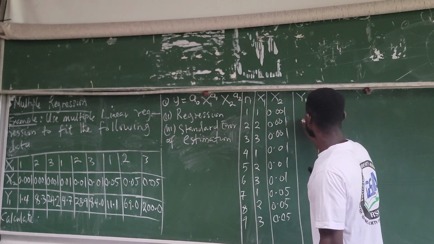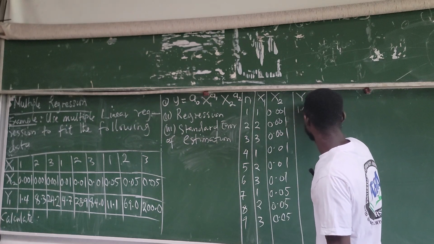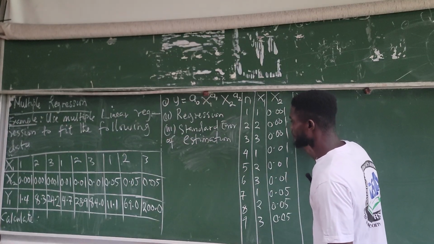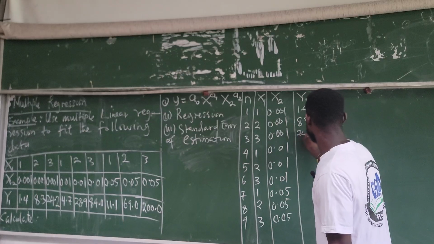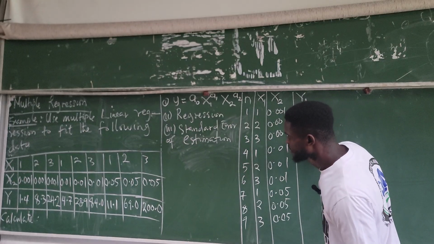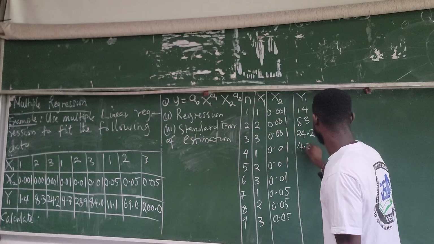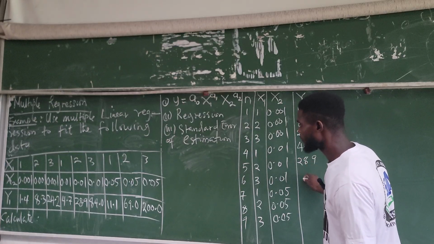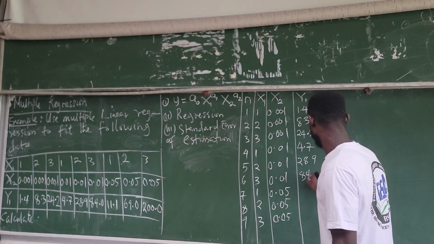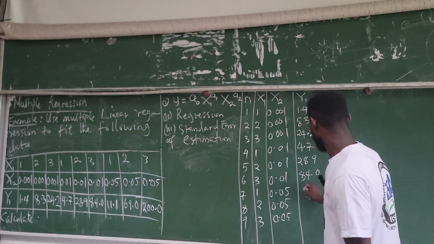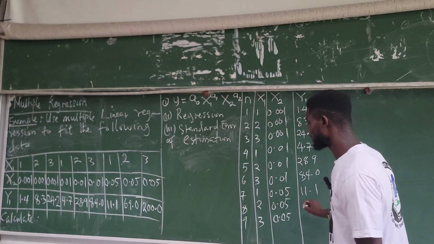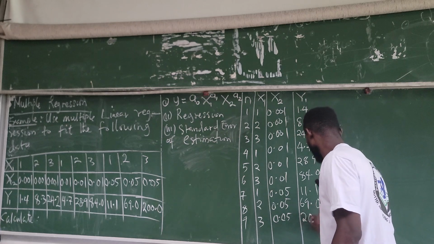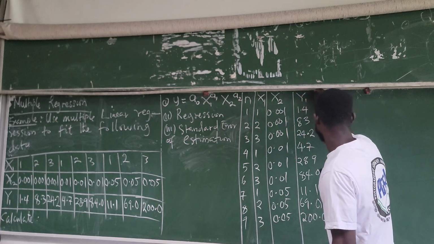So y1 is 1.4, 8.3, 24.2, 4.7, 28.9, 84.0, 11.1, 69.0, and 200.0. That's our y1.